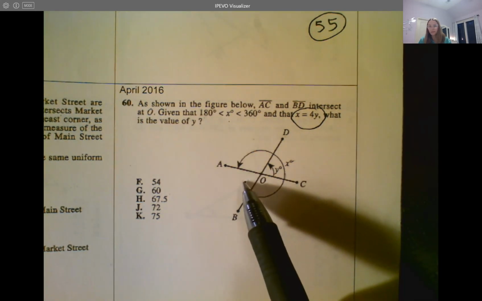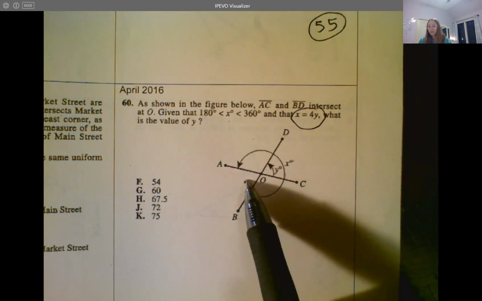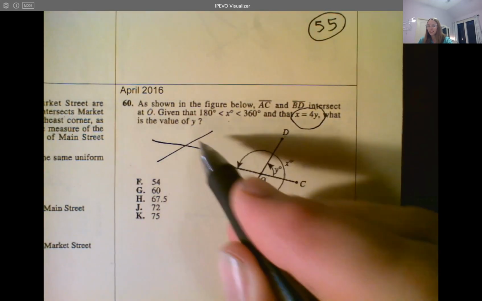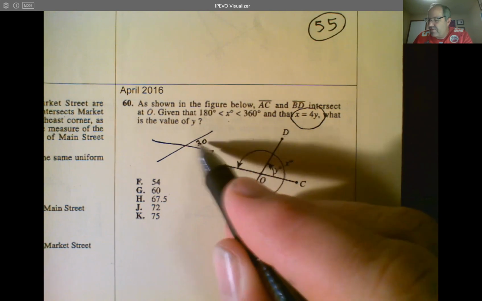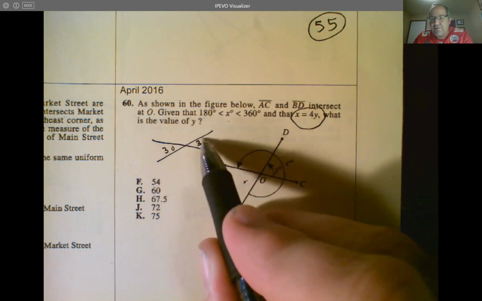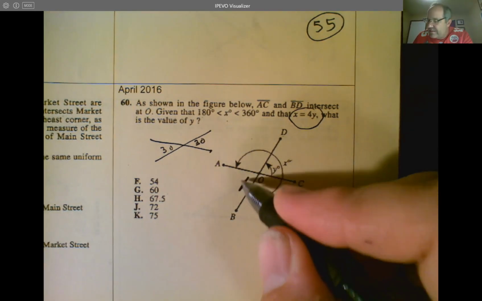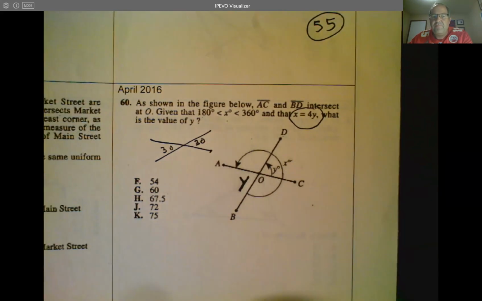What could I write here for this angle measurement? Think vertical angles. Like if I had two angles here, if this angle's 30, so is the other one. Sebastian? The other side is Y. Yeah, that's the key to this whole question.